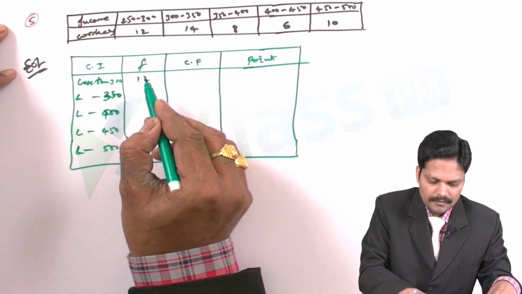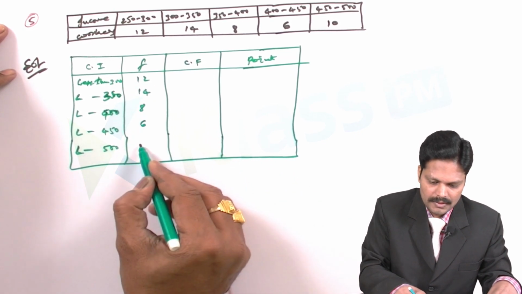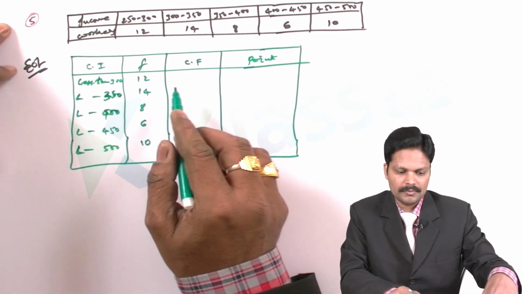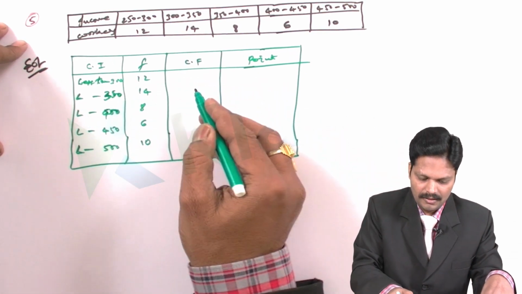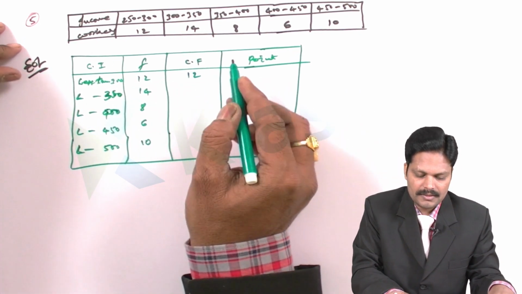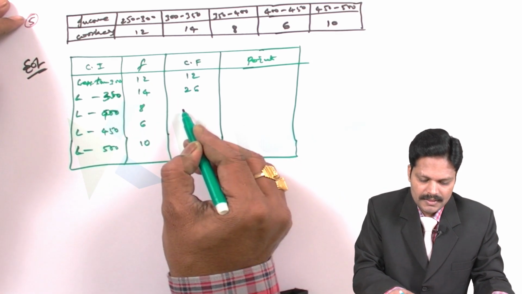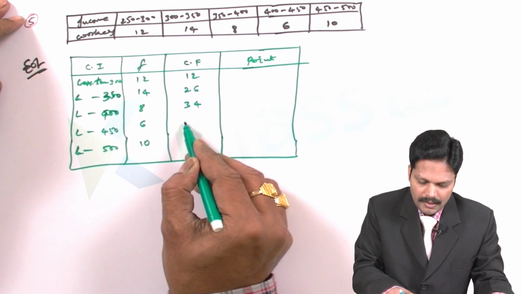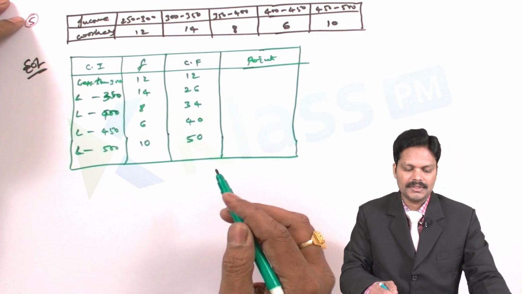So we are having here frequencies 12, 14, 8, 6 and 10. Cumulative frequency means we are adding going downwards. So 12 is the first one, and by adding 14 to 12 we are having 26, then 34, and by adding 6, 40, and 50 by adding 10.